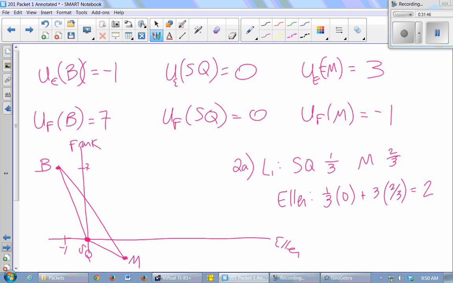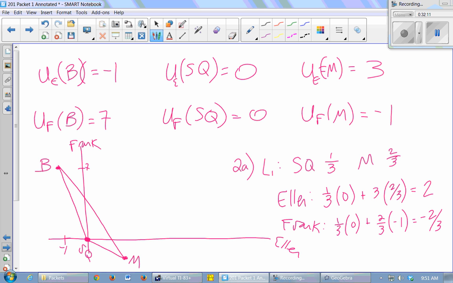Right. Okay, and Frank, if we use this same lottery, assign 1/3 to his status quo, 1/3 times 0 plus 2/3 times his mountain score, which is -1. Frank gets -2/3. He has -2/3 hearts of love for this lottery.